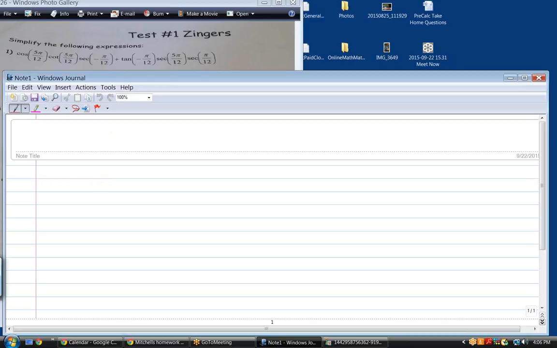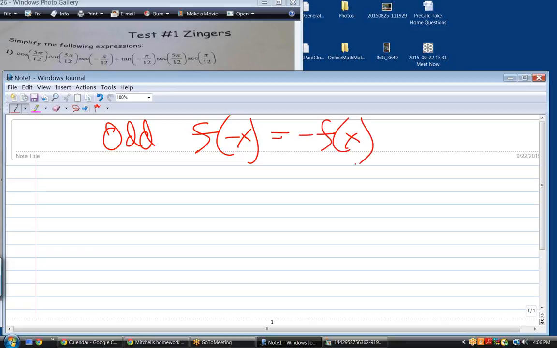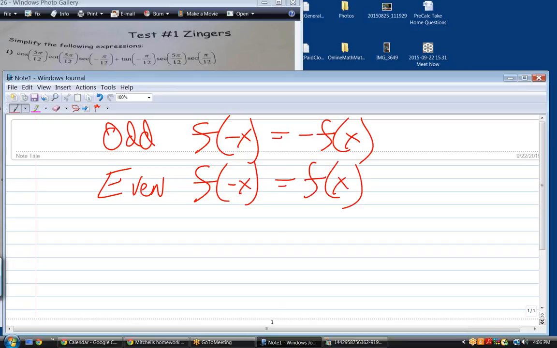First of all, remember from your algebra that odd functions share this property, and even functions share this property. In other words, x squared is an even function. Y equals x is an odd function.